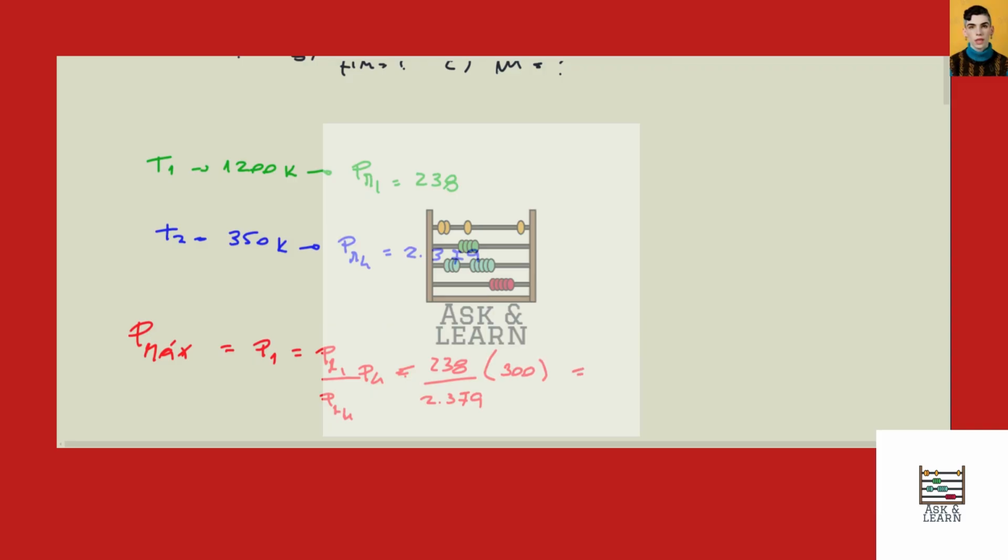Therefore, the maximum pressure is 30.013 megapascals.